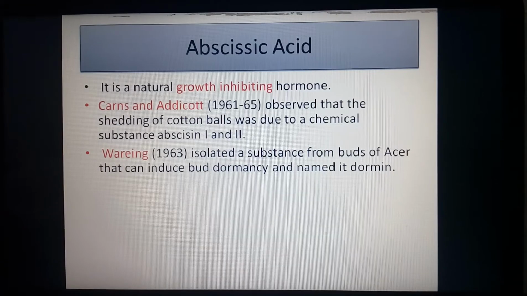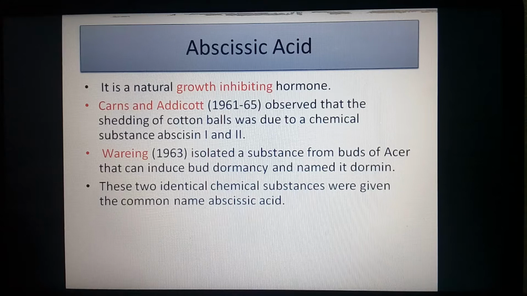Another scientist, Waring, in 1963 isolated a substance from the buds of Acer that can induce dormancy inside the bud, and they gave the name to that chemical as dormin. These two chemicals are identical in nature and were given the same name, abscisic acid.